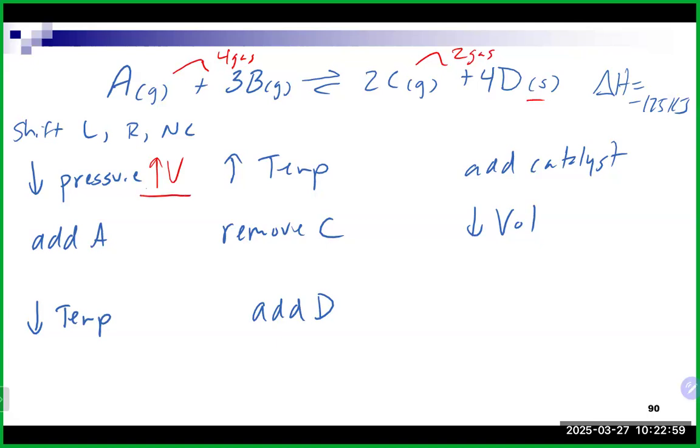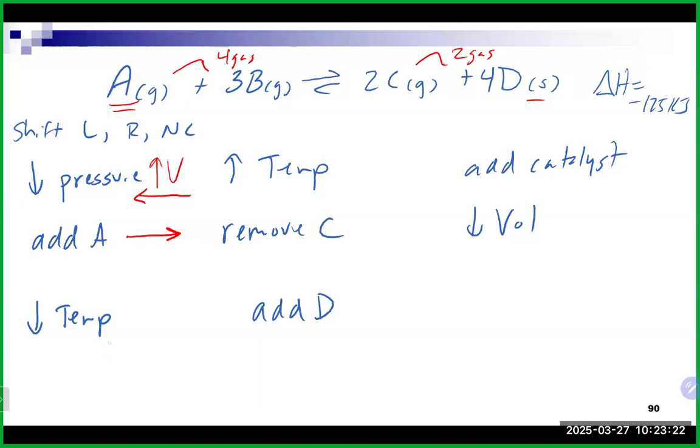So in this case, we are going to shift to the left, giving us more gas molecules. We're going to add some A. A is a reactant, so by adding more A, that's going to kick off the forward reaction. It goes away from the side we added. In this case, it should go to the right.